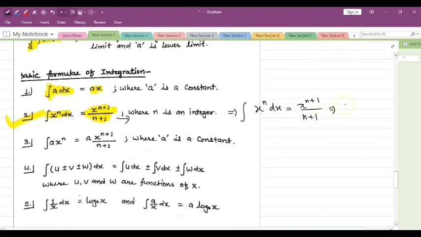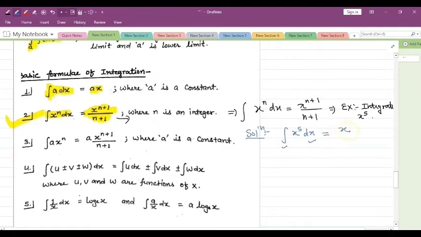For example, if you are asked to solve or integrate x raised to the power 5, then your answer will be the integration of x raised to the power 5 dx. Remember, this dx and this symbol are used for solving an integration problem.